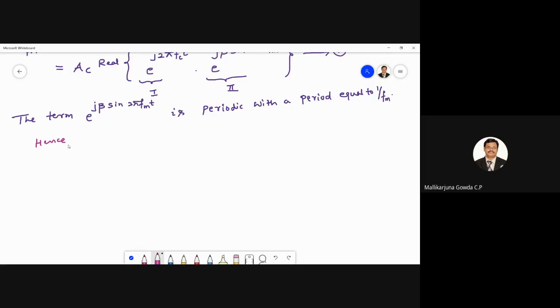Hence, it can be represented by a complex Fourier series.